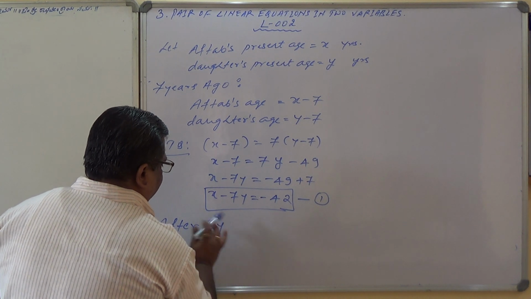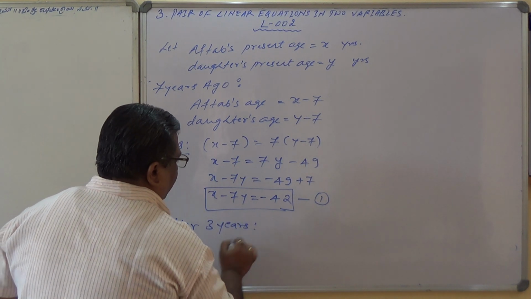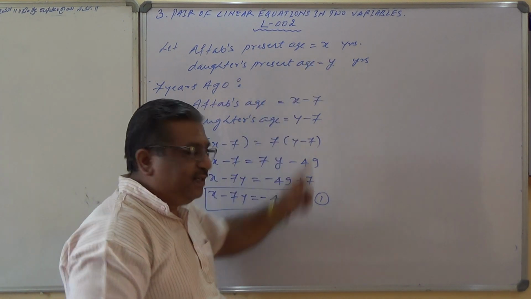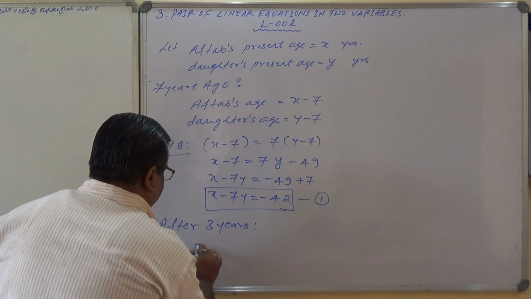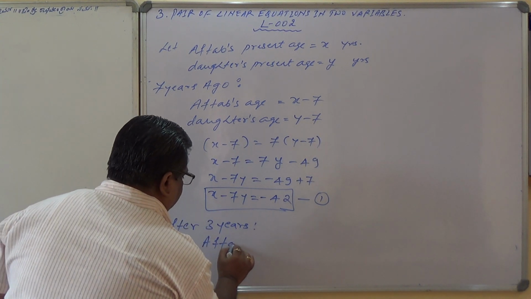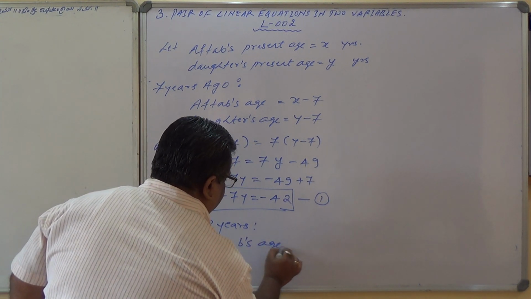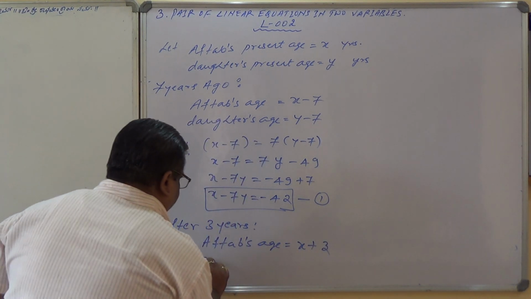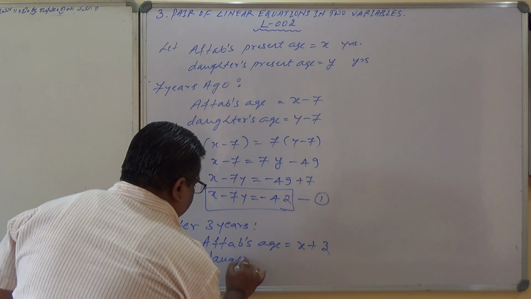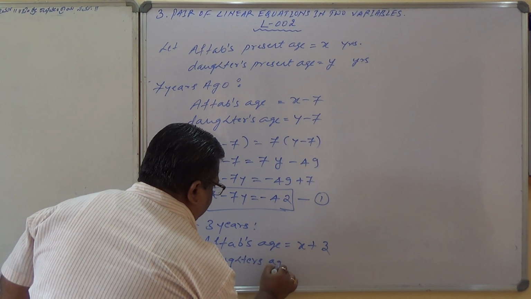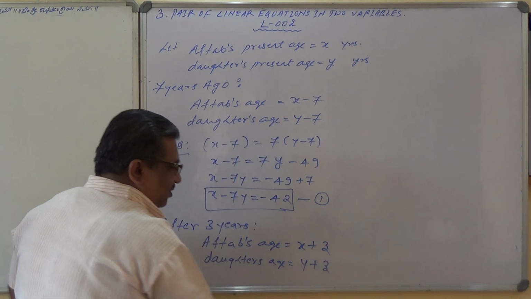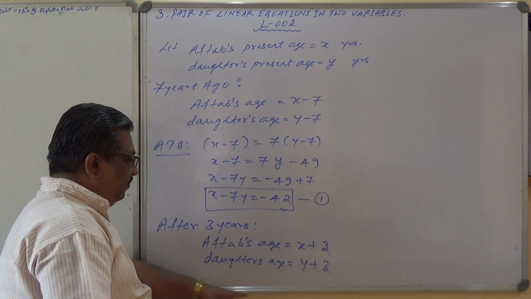If the present age of Aftab is x, after 3 years Aftab's age is x plus 3. Daughter's age is y plus 3, because y is the present age of daughter. After 3 years, y plus 3.